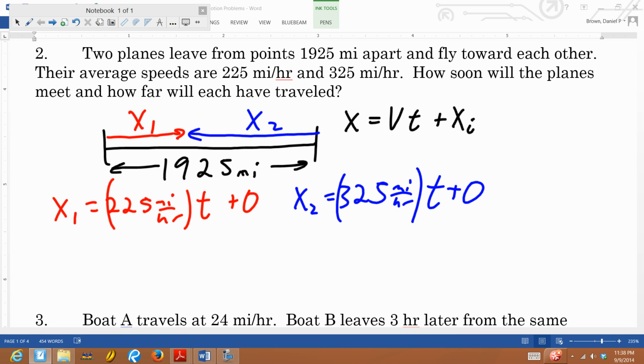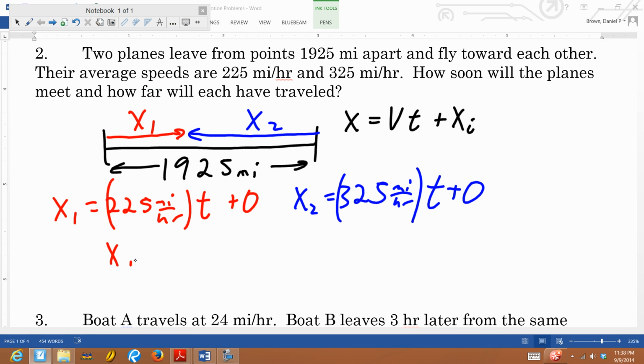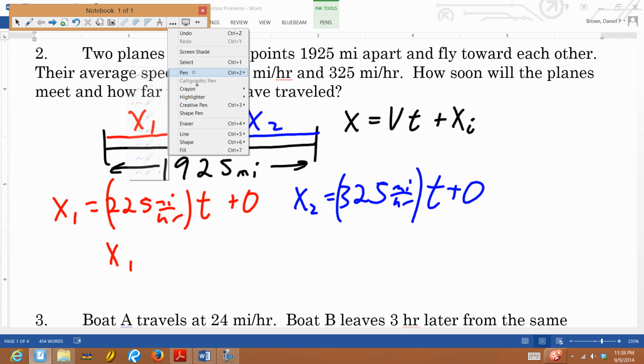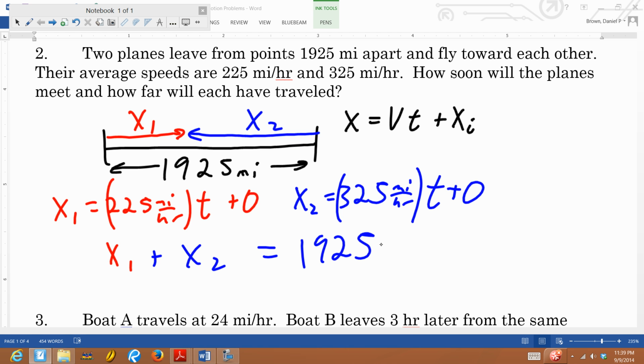And we're going to take these two and add them together, because we know that if we add to x1 x2, then we should get 1925 miles.